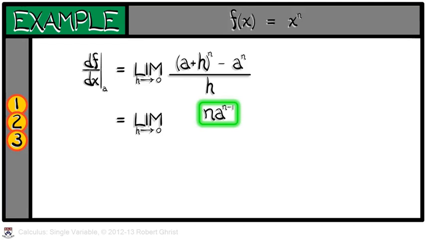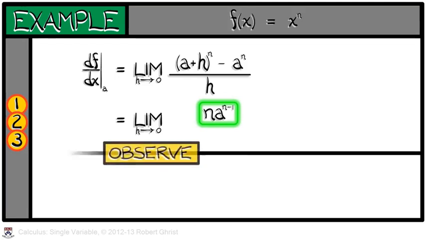Now, it's worth observing that really that definition of the derivative is the same as the third definition in terms of the variation of the output. If we take our function f and evaluate it at a plus h, what do we get?